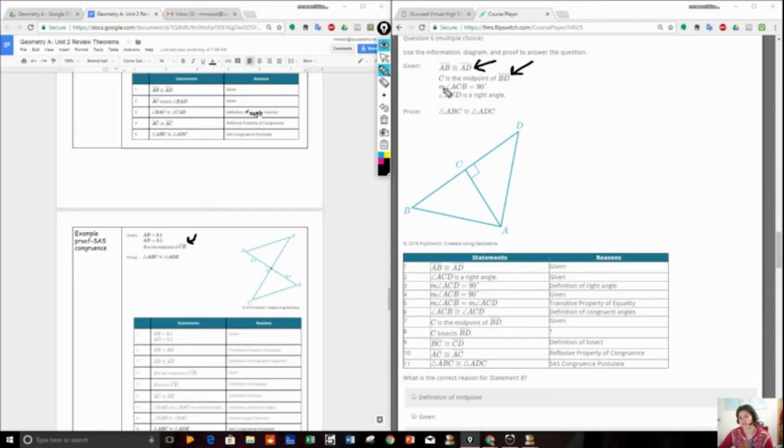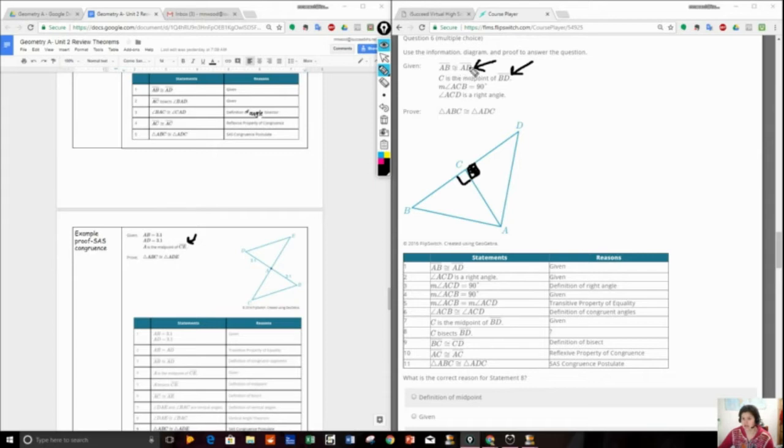We're given that the measure of this angle ACB is 90 degrees. We're given that this one is 90 degrees, and we're given that ACD is a right angle as well. So I'm going to be using this proof because it has the midpoint and the two sides that are congruent.